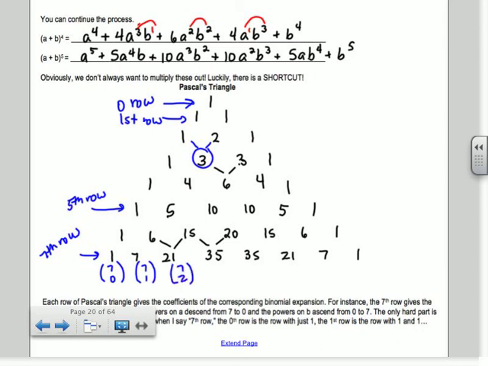And you can find these numbers on your calculator. Okay, so if I do 7 choose 2, like notice how it looks like a fraction, but there's no fraction bar. So if I do 7 choose 2 on your calculator, here's where you're going to hit. So get your calculator out.